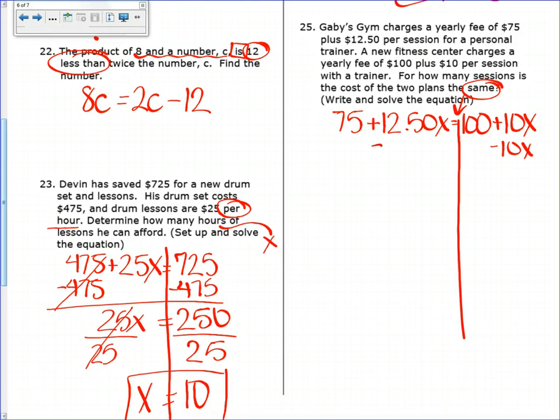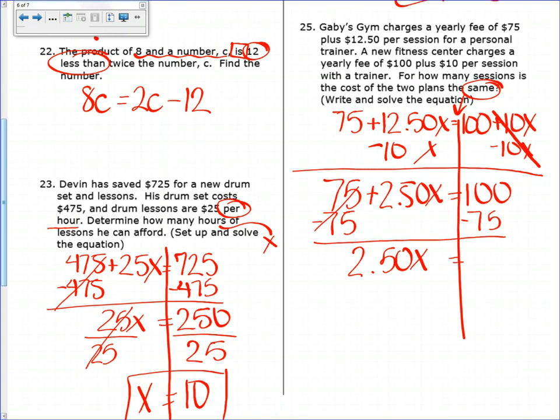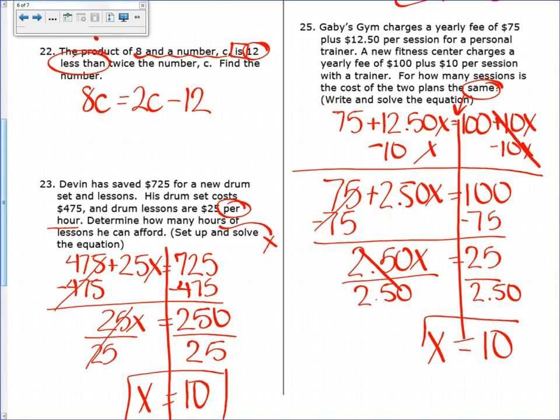Subtract 10x. $75 plus 2.50x equals 100. Subtract 75 then. 2.50x equals 25. Then we're going to divide by 2.50. We get x equals 10.